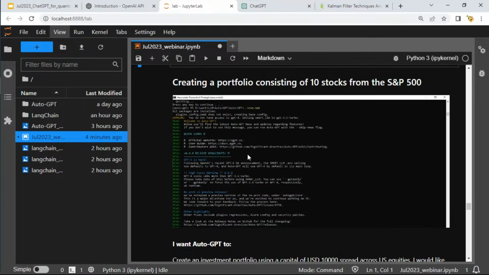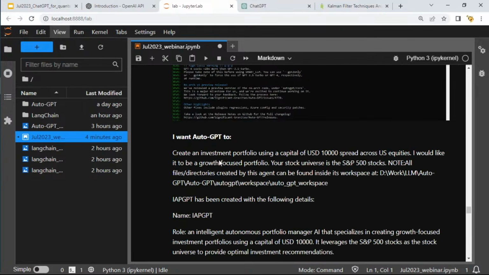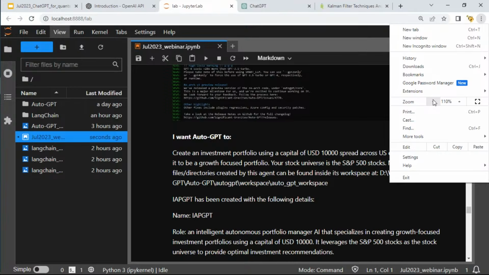Here, once you run it, it says things like all packages are installed, and it says welcome to AutoGPT. Some news about AutoGPT, and then eventually the remaining parts. Rather than having screenshots, I've copy pasted stuff to make it a bit easier for us to view. So let me go back and make it 100%.